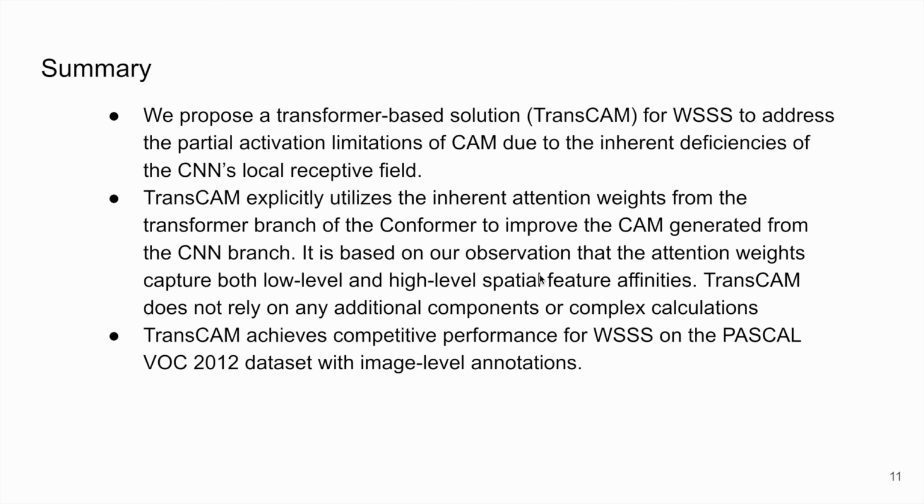It is based on our observation that the attention weights capture both low-level and high-level spatial feature affinities. Our method is simple and does not rely on any additional components or complex calculations. Our method achieves competitive performance for weakly supervised semantic segmentation on the PASCAL VOC 2012 dataset with the image-level annotations.